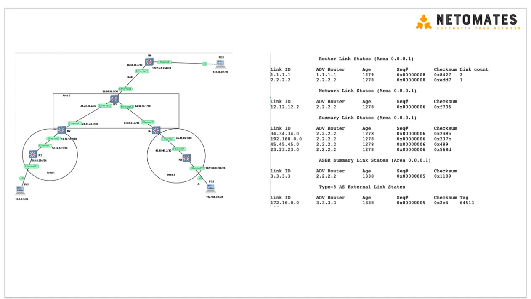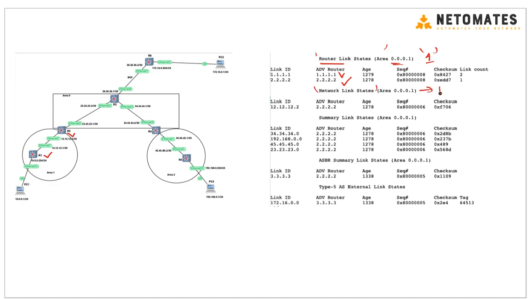Okay, so let's look at all the LSA types in this topology. Router, so this is LSA type 1. If we look at area 1, this is the area 1 LSA type 1. So R1 and R2 are advertising the type 1 because those are the only two routers in this area 1, and every router will advertise these LSAs. Next one, network link.